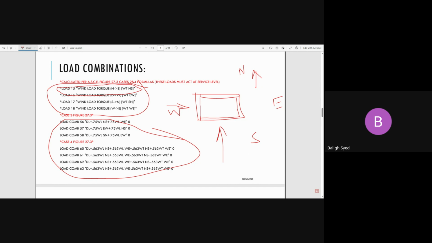Remember that until ASCE 7-05, the wind used to be at service level, but from 7-10 onwards until today, 7-22, it is not at service level. If you are designing post-tension concrete, it has to be at service level. If you are designing a composite structure, it has to be at service level, because you can design based on LRFD, but I have been working all over the globe.